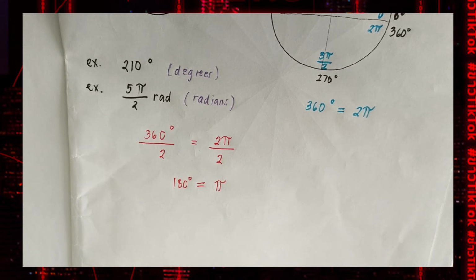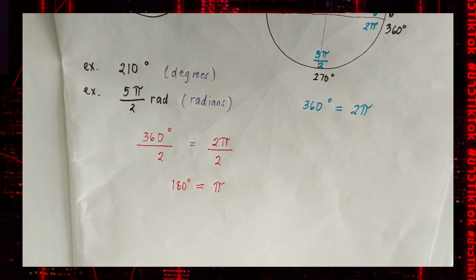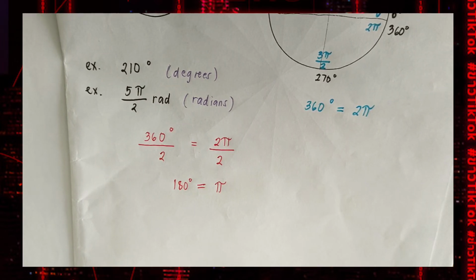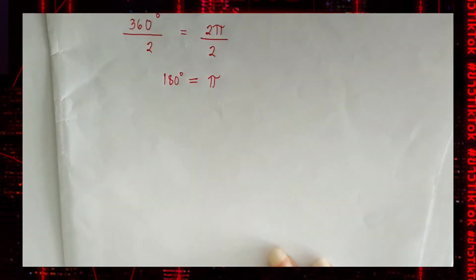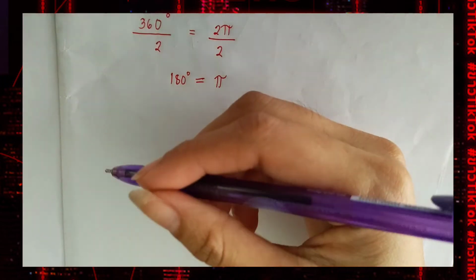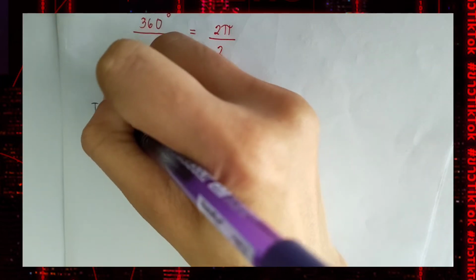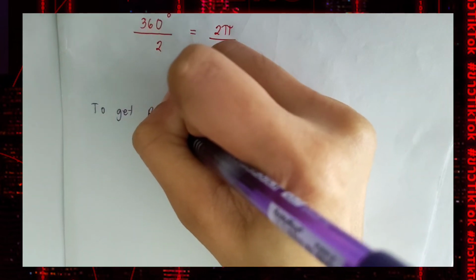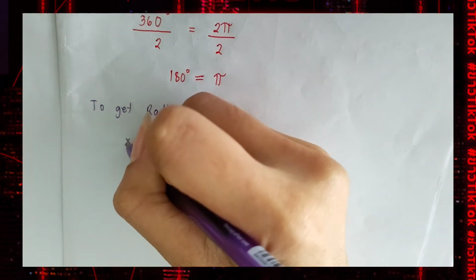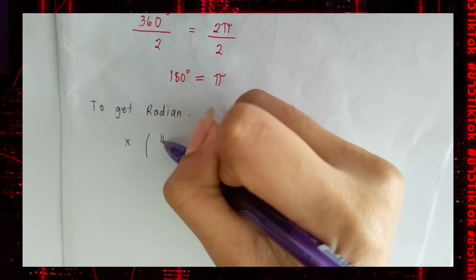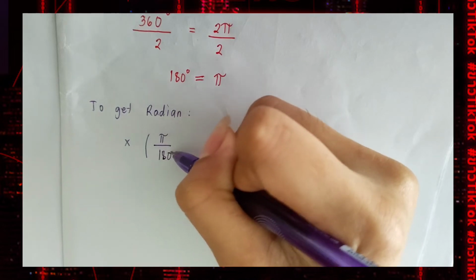When you convert radians to degrees and vice versa, you'll be using one of two factors. To get radians, you multiply by the conversion factor pi over 180 degrees.